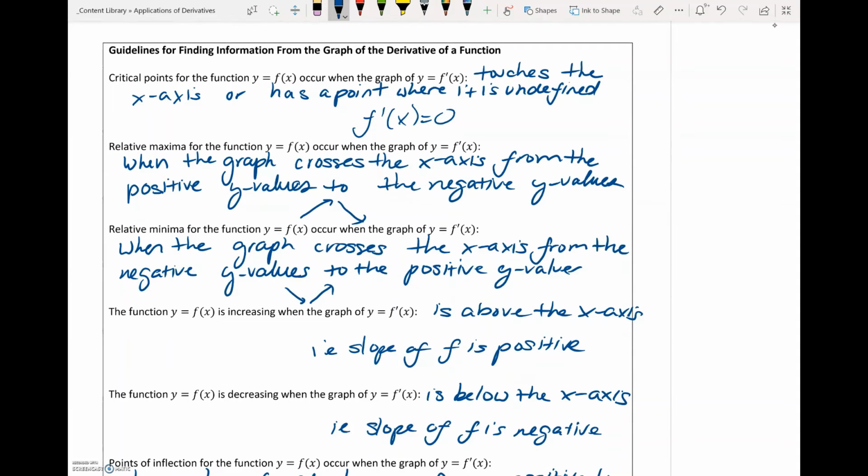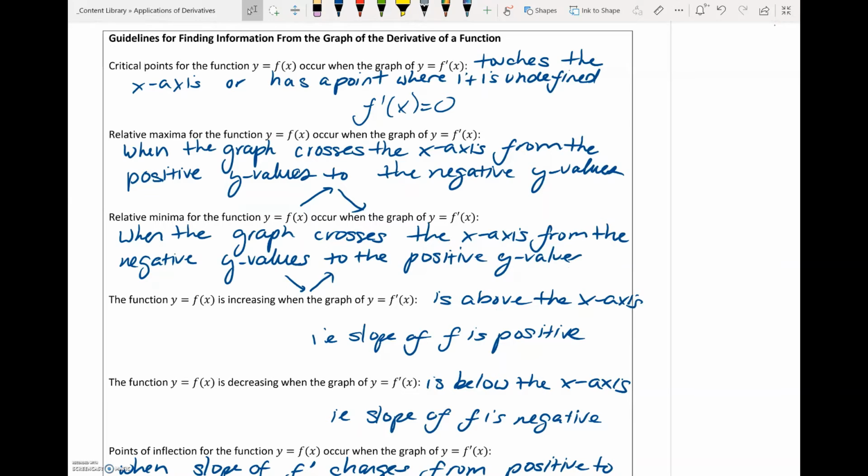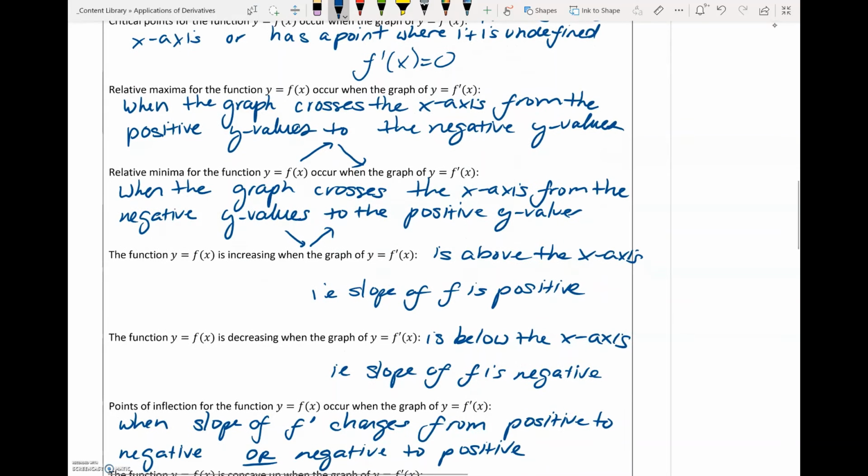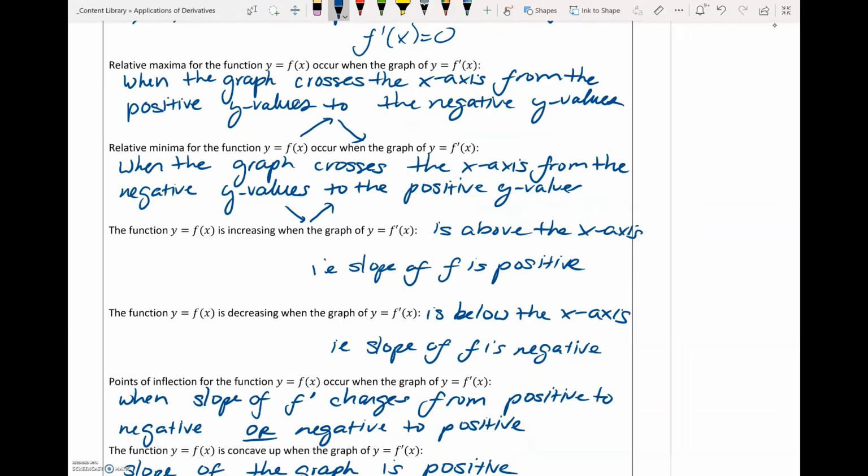Now for the local minimum, this happens when the graph crosses the x-axis, but this time from negative y values to positive y values. And this creates a minimum. Then f is increasing when the graph of f prime of x is above the x-axis, because the slope of f is positive there.